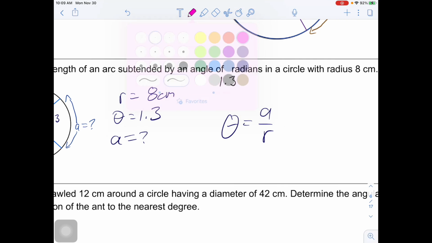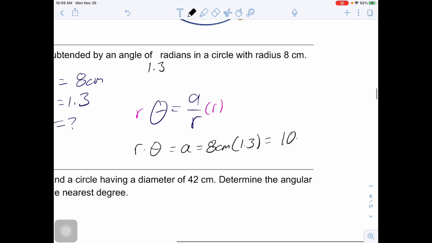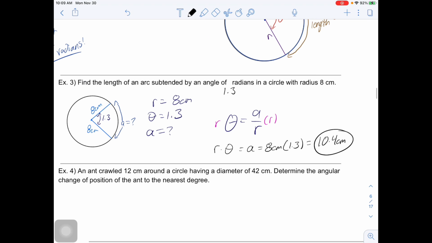I'm going to multiply both sides by r, and I will get r times angle equals a. So this will be 8 centimeters times 1.3, and that becomes 10.4 centimeters. So this is 10.4 centimeters, this length here.